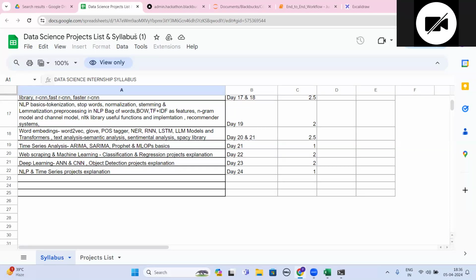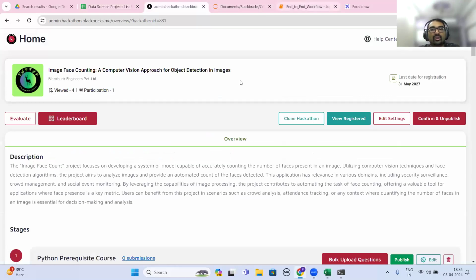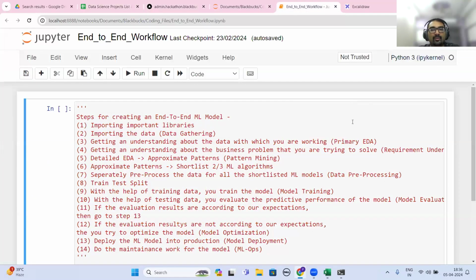So let us get started with our research work. Whenever you are creating any end-to-end model, this is basically the architecture that you are expected to follow with regards to ML modeling, which you can go through again if you want to.